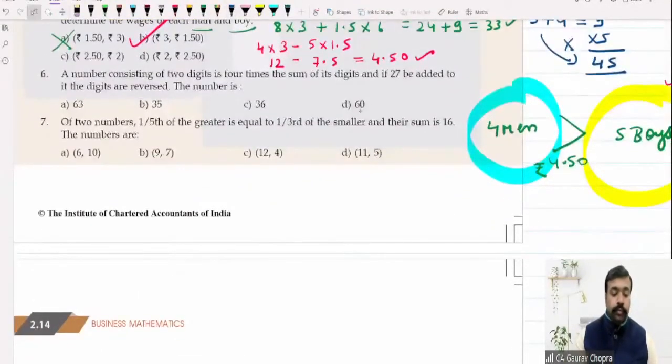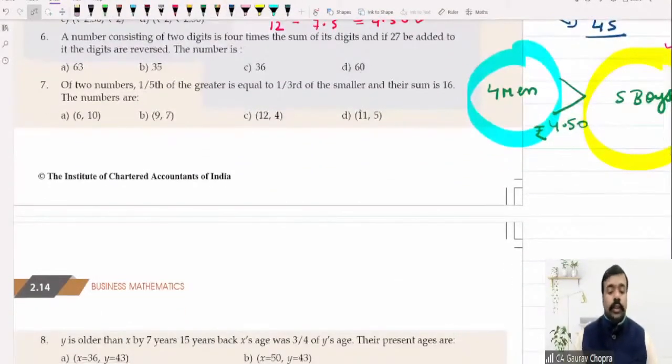Okay. Now, similar question is question number 6. Now you can try the sixth one and get the result. It is exactly similar to question number 4. It says a number consisting of 2 digits is 4 times the sum of its digits.